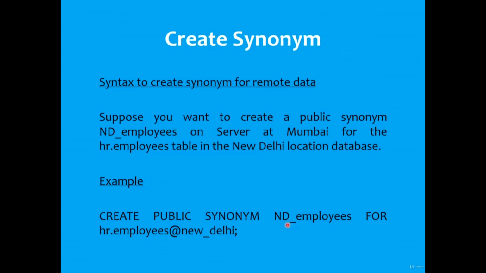This is your synonym name for database object hr.employees. Here the database object is a table. Now since we are referring to a remote location database object, we are going to write over here @ and then new_delhi, which will contain the link for the remote database object, and end with a semicolon.